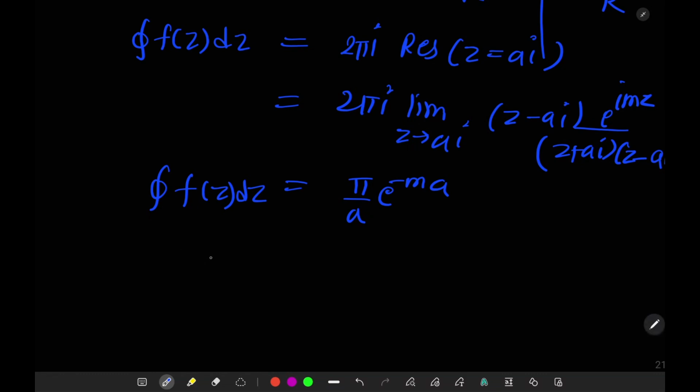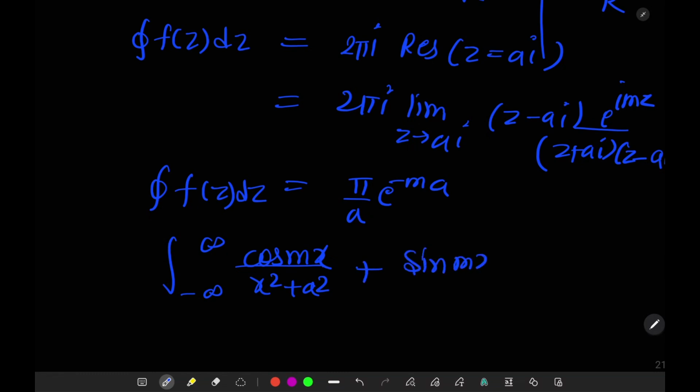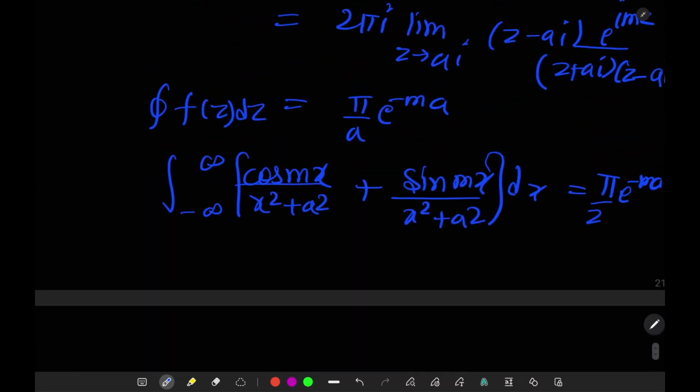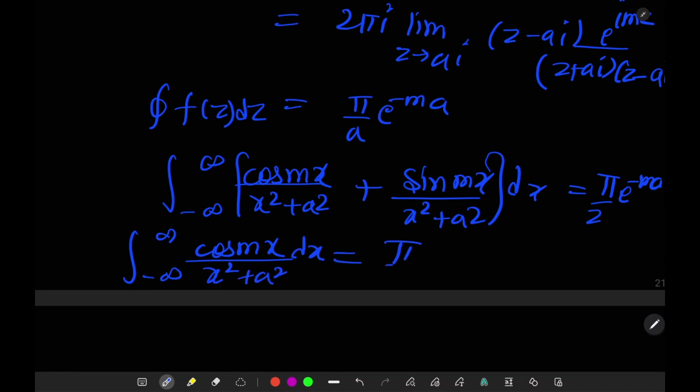Now, taking real part and imaginary part separately, we can write here cos mx plus i sin mx divided by x square plus a square dx equals pi by a e raised to power minus ma. Now comparing both sides, here we get this value.